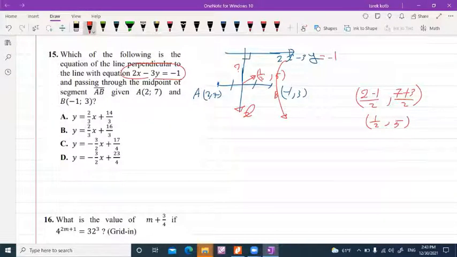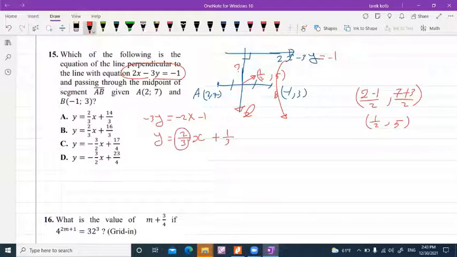Take the 2x to the other side, it will be negative 3y equals negative 2x plus 1. And then divide by negative 3, so y equals positive 2 over 3 x, because the negative cancels the negative, and also negative 1 over 3. So the slope of this line is 2 over 3. This is m equals 2 over 3.